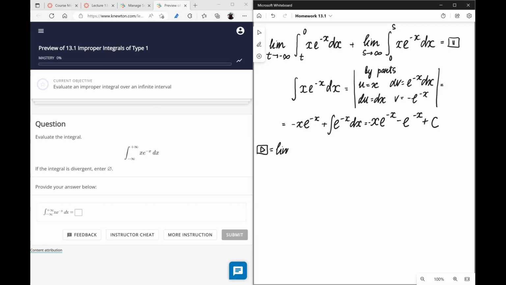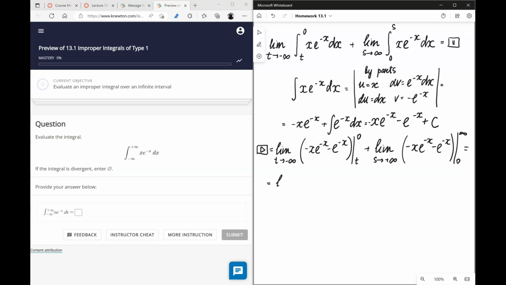We have the limit as t goes to negative infinity of negative x e to the negative x minus e to the negative x, from t to 0, plus the limit as s approaches positive infinity of negative x e to the negative x minus e to the negative x, from 0 to infinity.